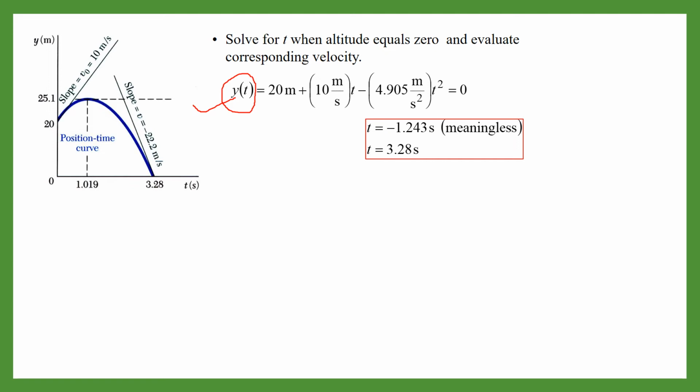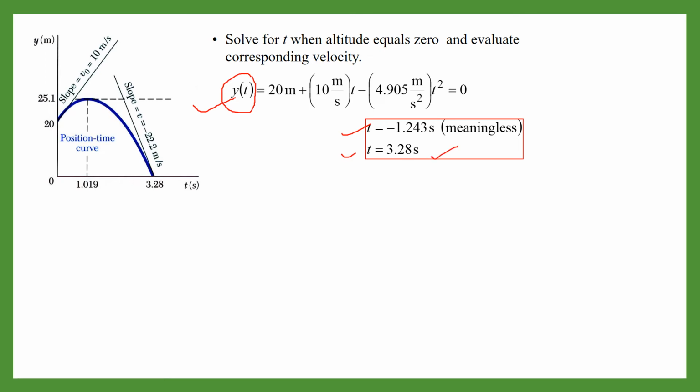This is a quadratic equation, so it will have two solutions. The first solution is minus 1.243, which is meaningless because time is always positive, and the second solution is t equal to 3.28 second. So this is correct.